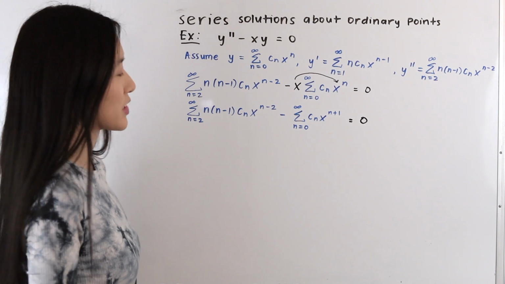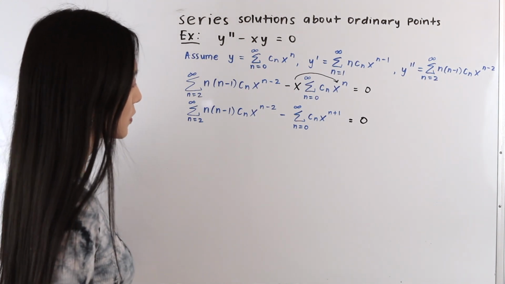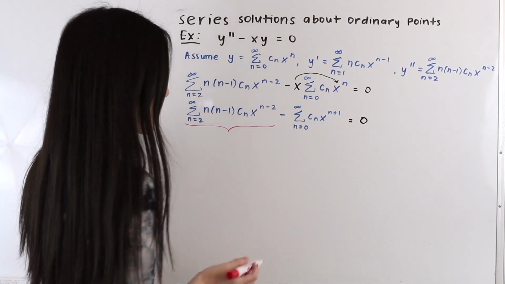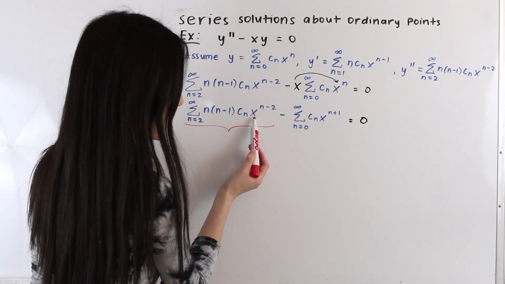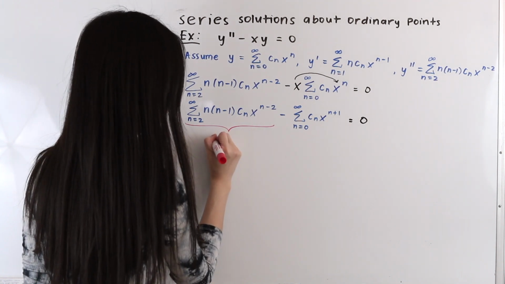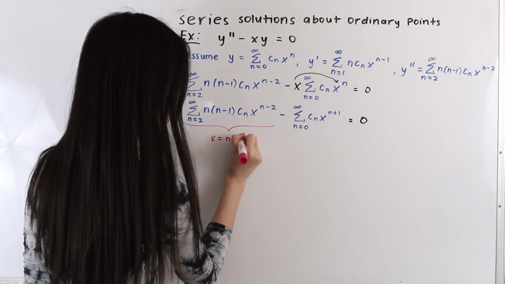What we're going to do next is set our exponents equal to k. For this summation here, the exponent on our x term is n minus 2, so we're going to set k equal to n minus 2.